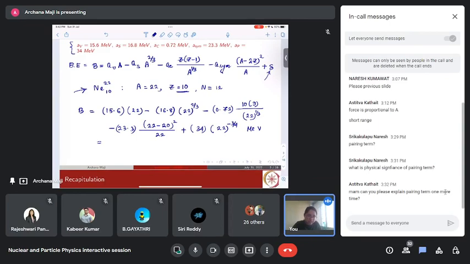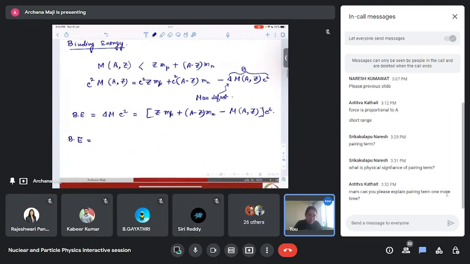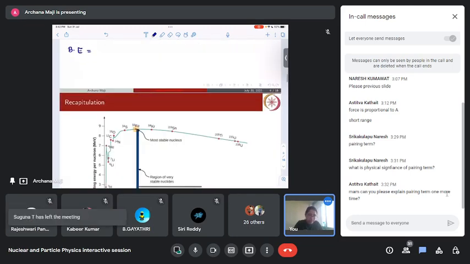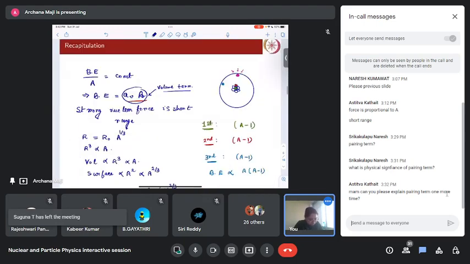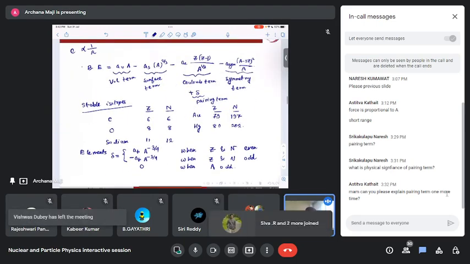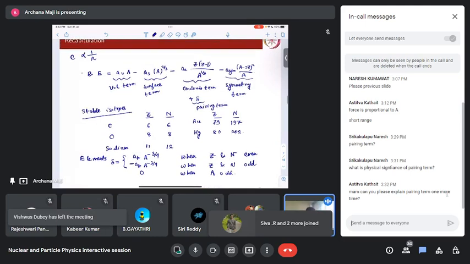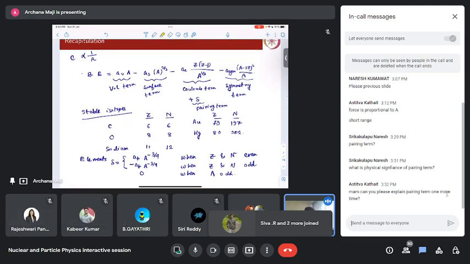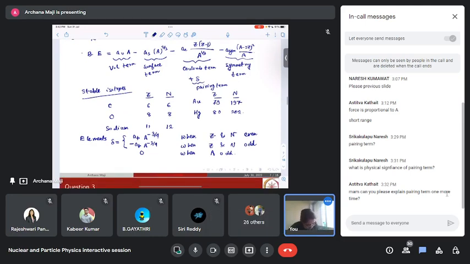Someone is asking, ma'am, can you please explain the pairing term once more? So experimentally it has been seen that for a particular element, if Z and N, that is the atomic number and neutron number, both are even, the nucleus is more stable.